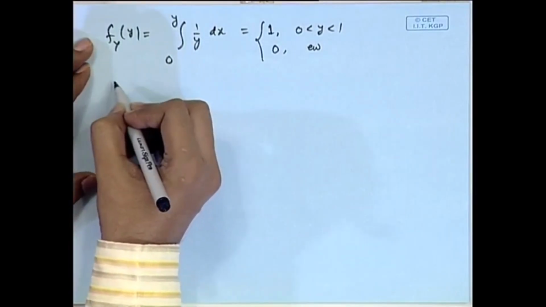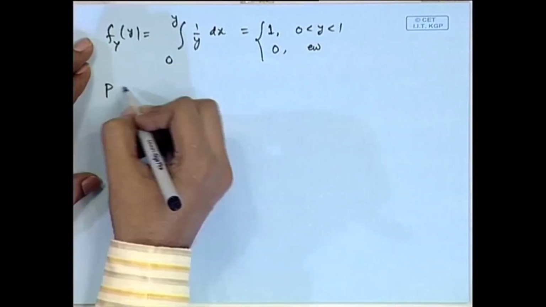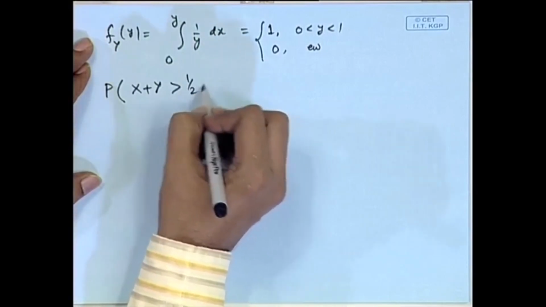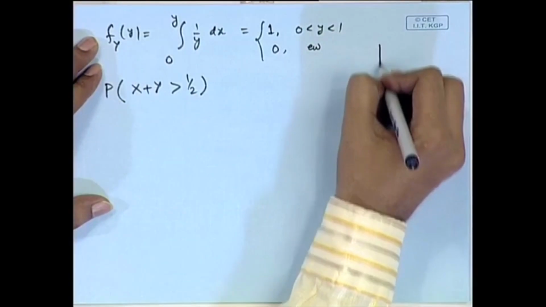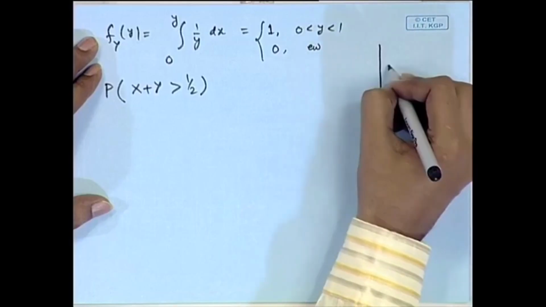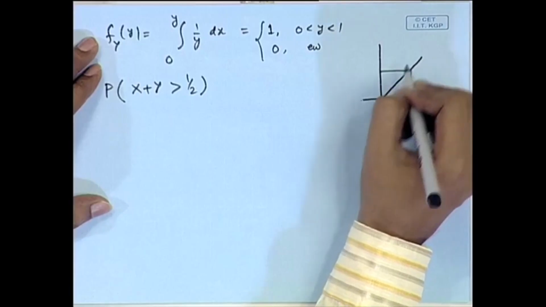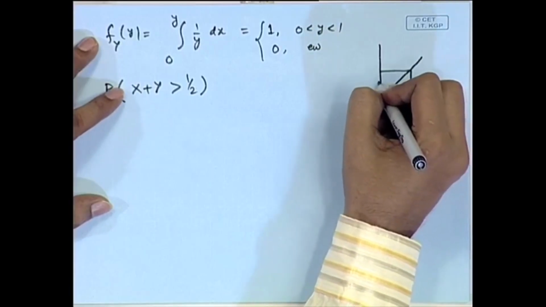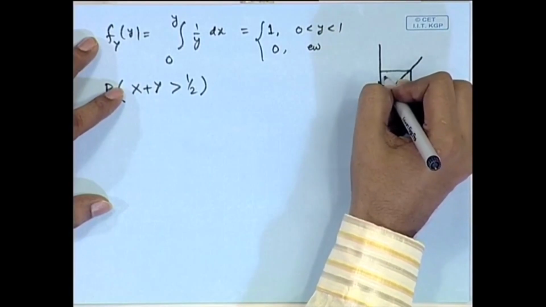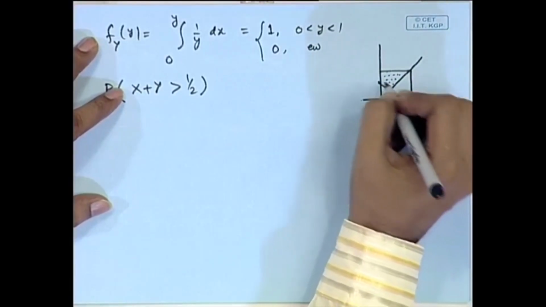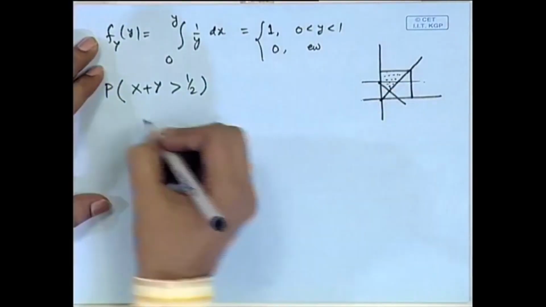Suppose we want to answer a question regarding, say, the probability of x + y > 1/2. So, once again we look at the region of integration. x + y = 1/2 is this line. So, the region of integration for this part is this, which we can again split into two portions.